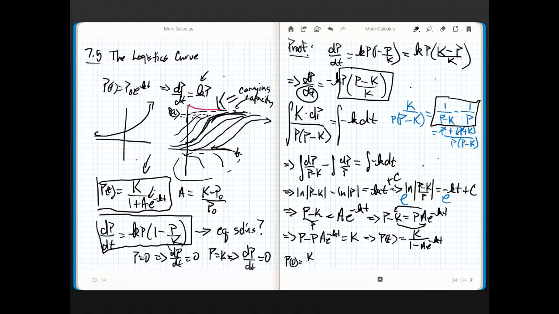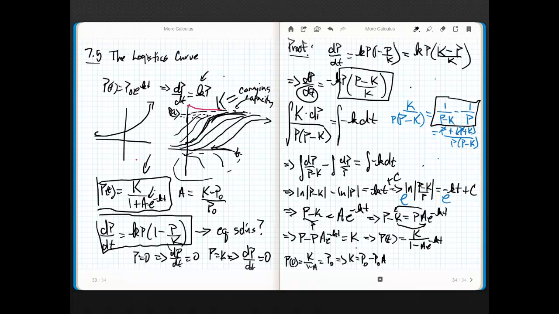We know that this is going to be k over 1 minus a, and this is going to equal P naught, right? Well, again, let's just do a touch of algebra here. I'm going to solve for a because I'm a little disconcerted here, because I got a negative here and I got a positive here. Let's look. If I solve for a, let's see what happens. I get k equals P naught minus P naught a, right?